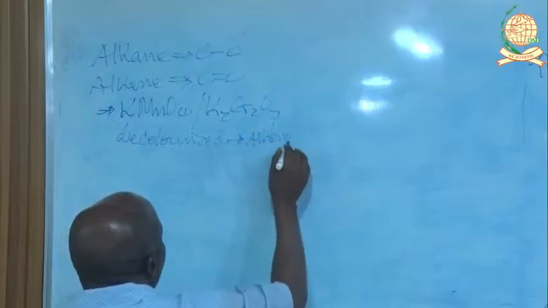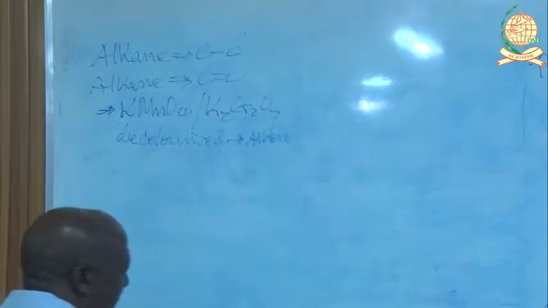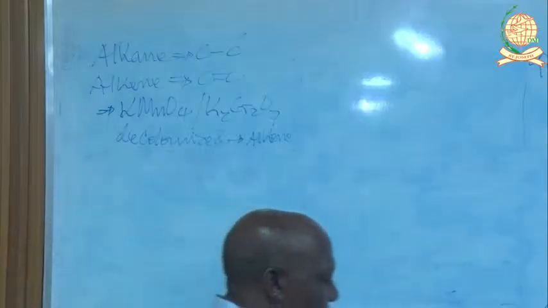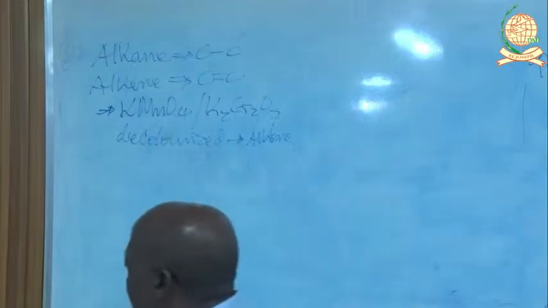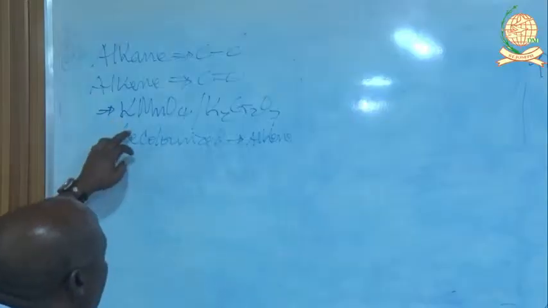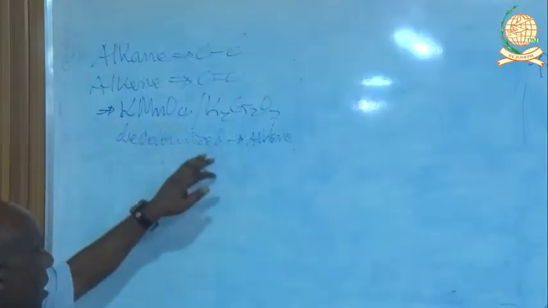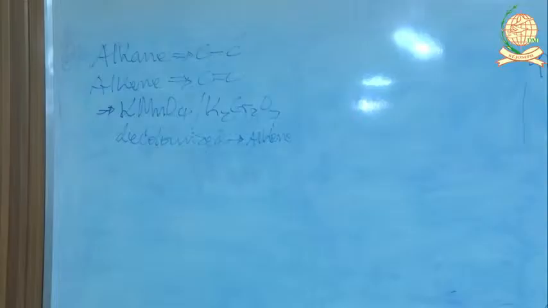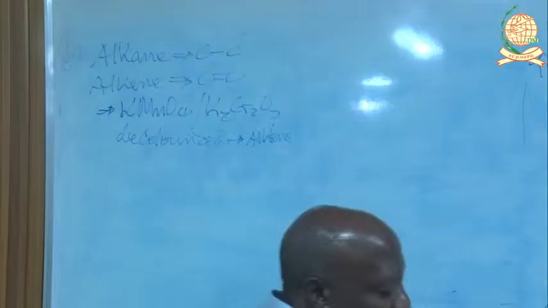So this will react with the alkenes, but alkanes do not react. So one of the distinction tests is that alkenes decolorize potassium permanganate or potassium dichromate, because potassium permanganate is purple in color, while potassium dichromate is orange in color. So they can be decolorized by alkenes.